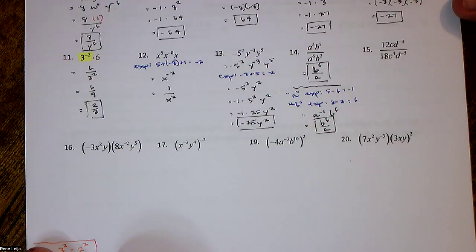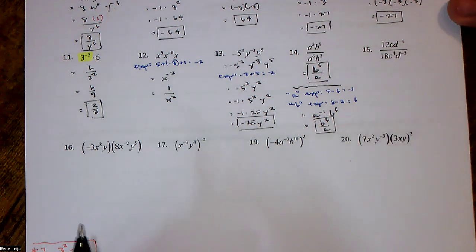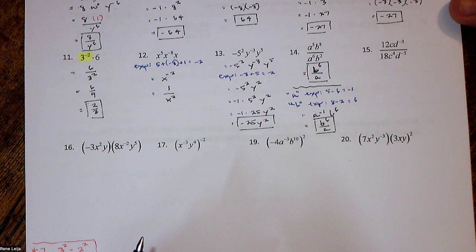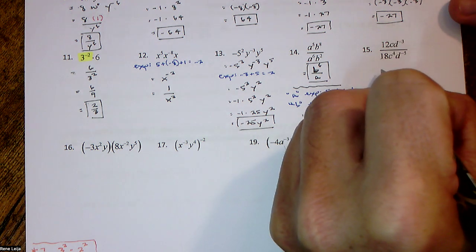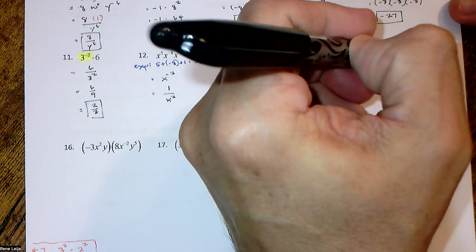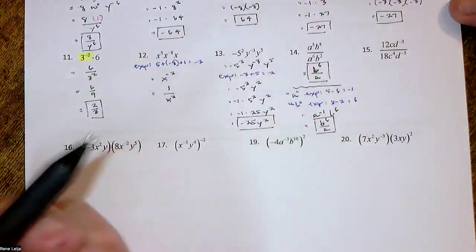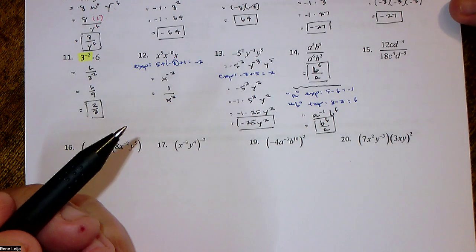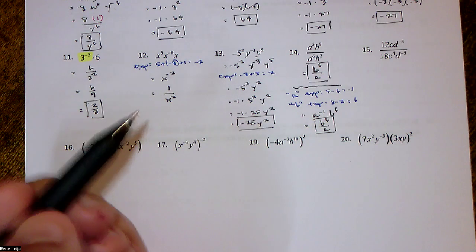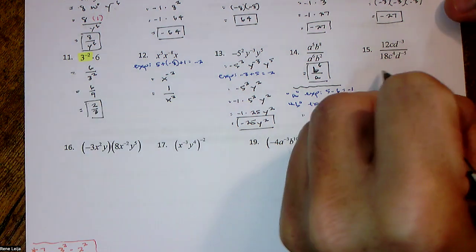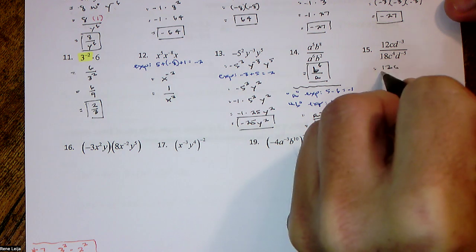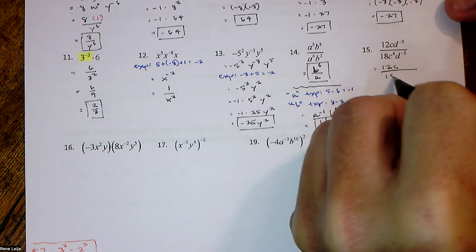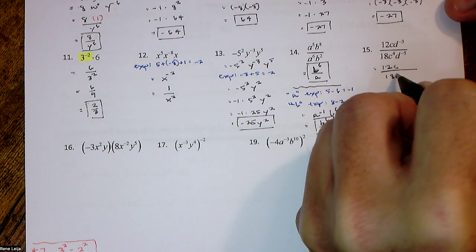Now, for 15, this one's a little bit tricky because we've got a whole lot of stuff that's more involved, okay? I noticed that the exponent on my C's is positive, so I'm okay. So what I'm going to do first is deal with those negative exponents.